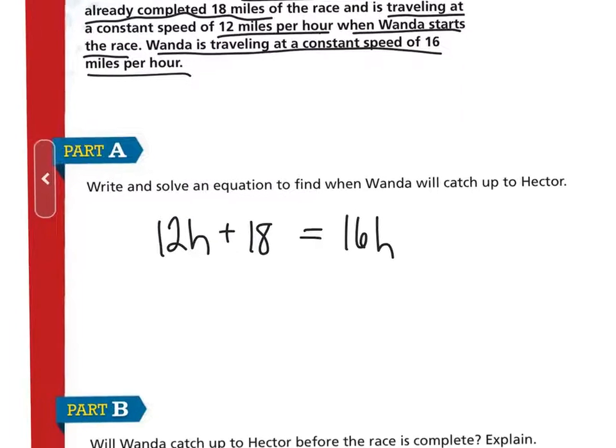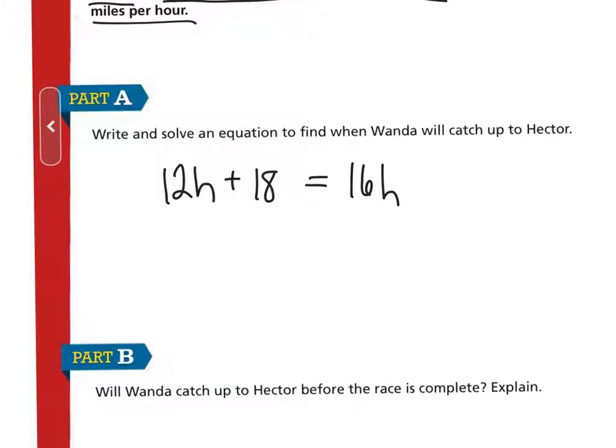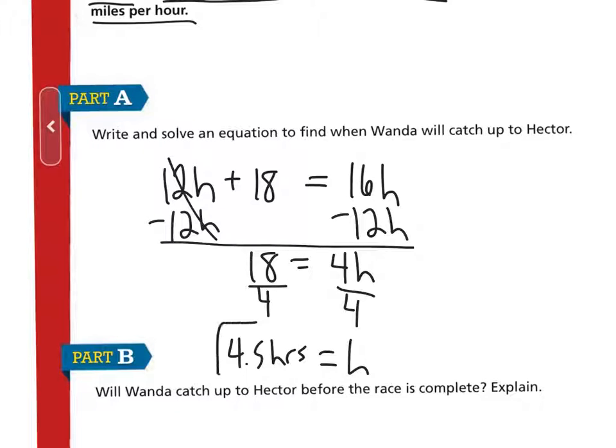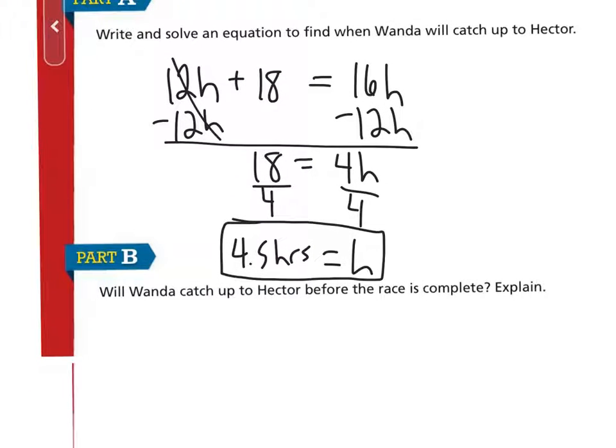We want to see when these are equal to each other. So we subtract 12h on both sides. And then they're multiplying so we can divide by 4. And that would be 4.5. So 4.5 hours until Wanda would catch up to Hector.